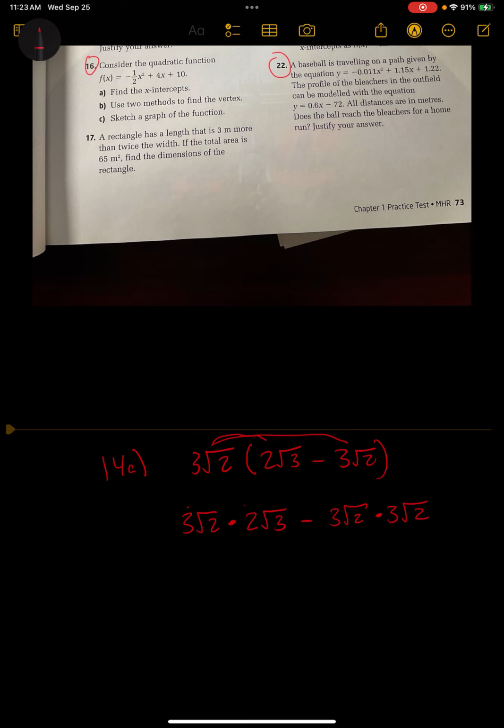Well, we multiply the 3 with the 2 to become 6. And we multiply the 2 with the 3 to become root 6. Take away 3 times 3 becomes 9. And 2 times 2, or root 2 times 2, becomes root 4.